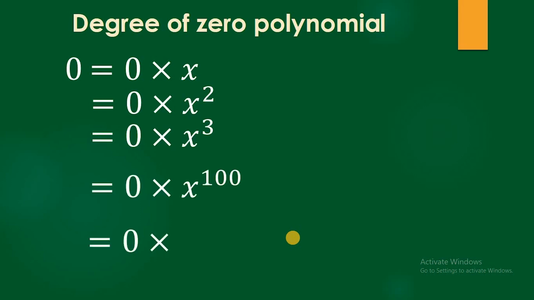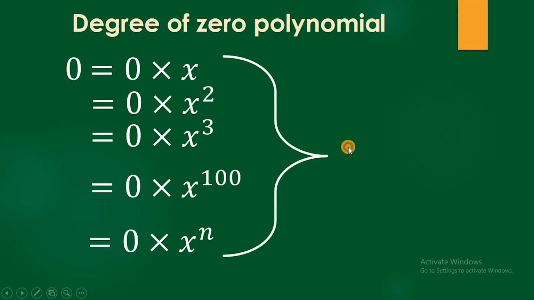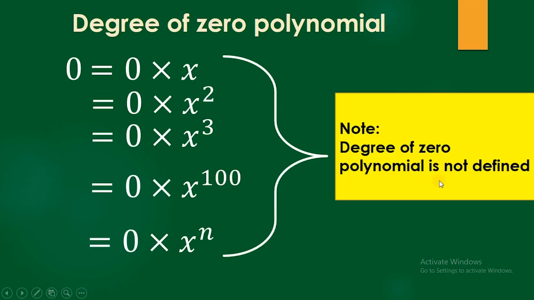If you keep on increasing the power, then 0 into x raised to the power n. In each case, the final answer will always be 0. So for the degree of 0, we can say that the degree of the zero polynomial is not defined, because it can take any value. Therefore, it is not defined.